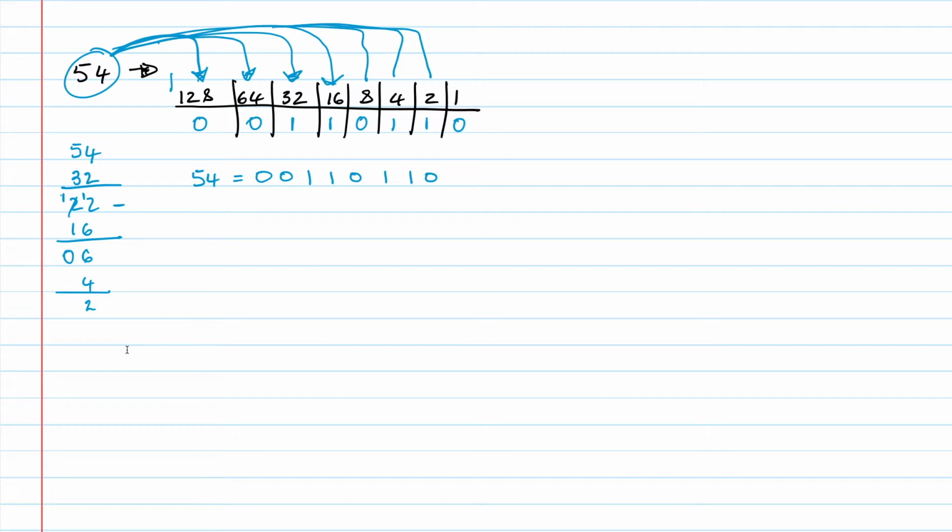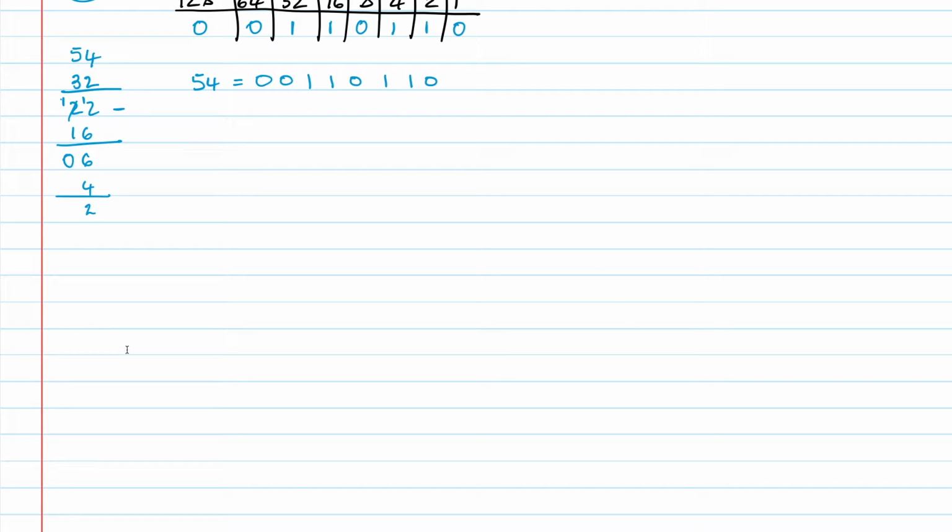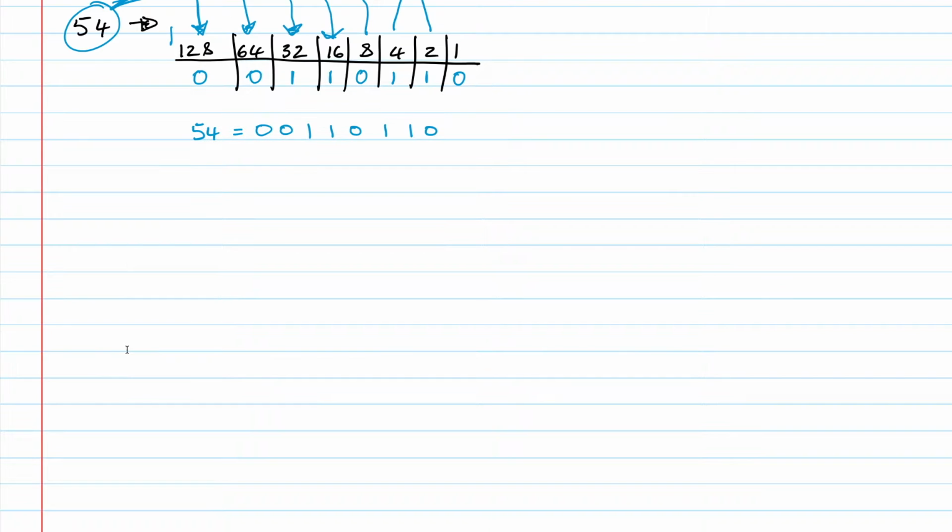So let's try another number. I'm just going to move this down slightly and erase this because I'm not going to need it anymore. Let's try a number such as 72. So I'm going to work out the number 72.